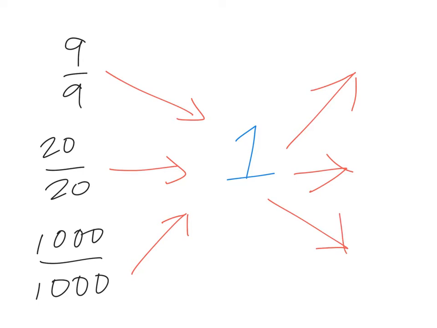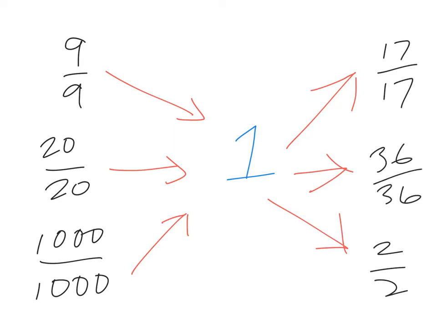Depending on your fraction, they could also be, let's say, 17 over 17, 36 over 36, and let's say 2 over 2. It doesn't matter. You just know that that whole number is the same as the numerator and denominator. Now you'll have to take a look at what fraction you have to know what the denominator is.